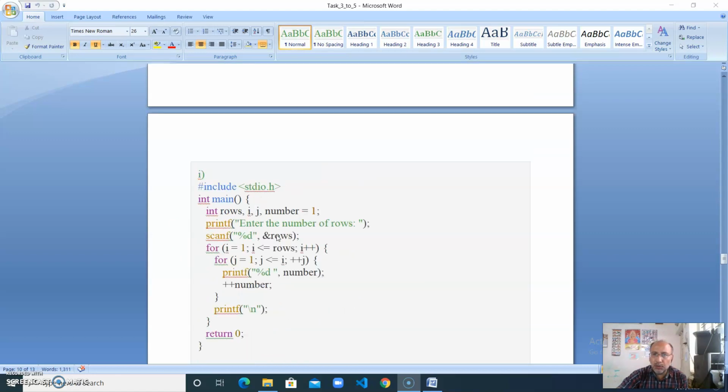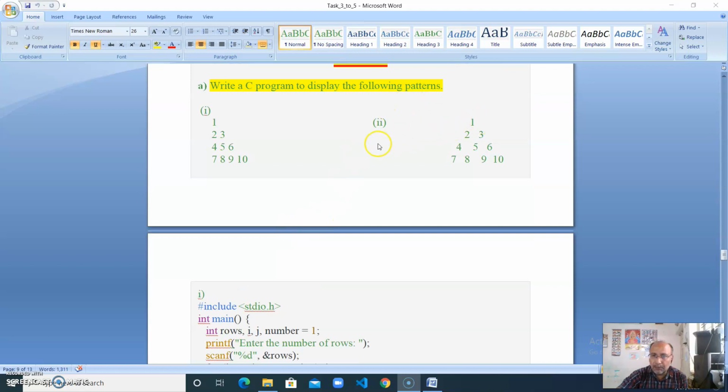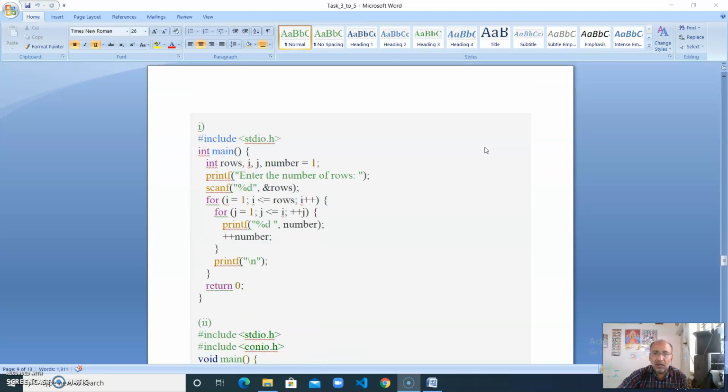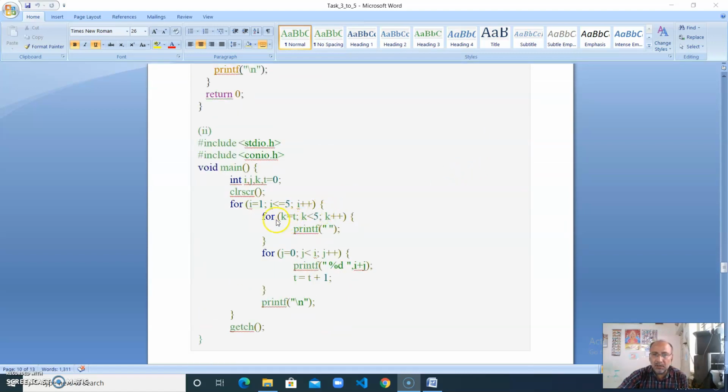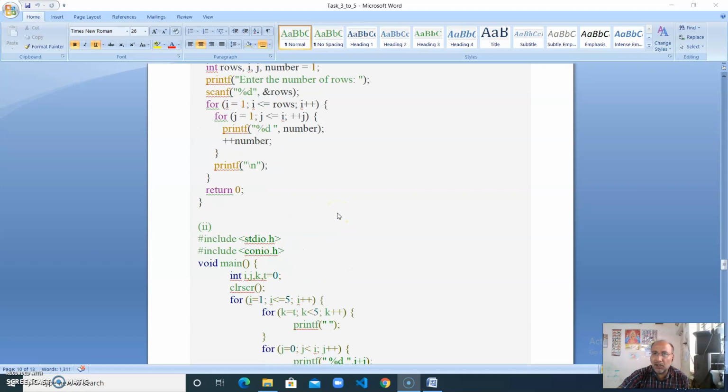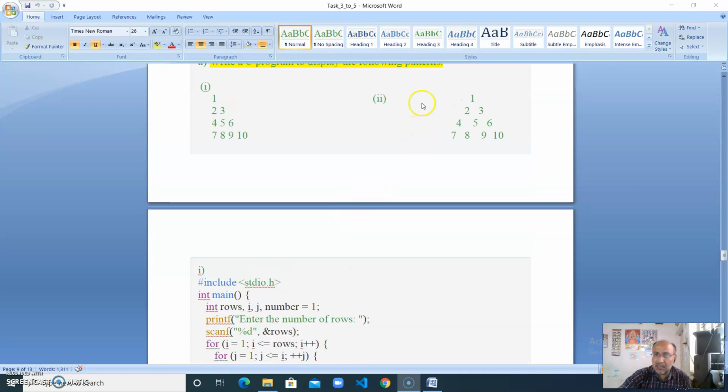This outer for loop is used for the number of rows, 1, 2, 3, 4, that is fine. Now the inner for loop, for k equals t, k less than 5, k plus plus, is used for the space.